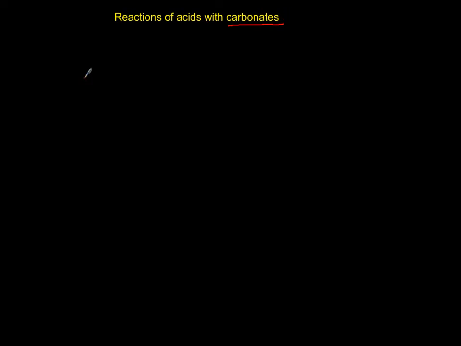Another typical reaction of acids is those reacting with carbonate or hydrogen carbonate. If I take sulfuric acid, H2SO4, and put it on something that is made out of marble, like calcium carbonate, which is marble or chalk, there is a reaction. Calcium is going to replace the hydrogen here and give you calcium sulfate. And then you produce H2CO3, which is carbonic acid.